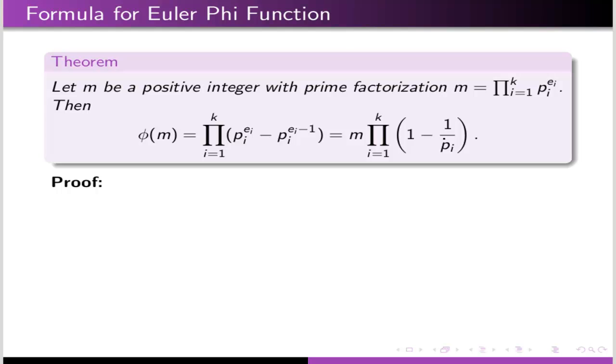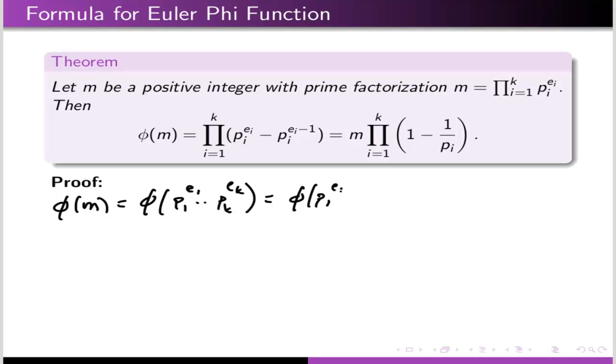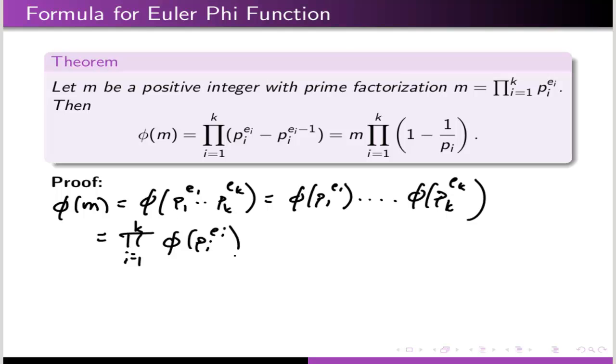And again, the proof is straightforward. By the multiplicative property of the Euler phi function, this is phi of the product like this. And so that would be phi of p1 to the e1 times phi of pk to the ek, or in other words, the product i goes from 1 to k of phi of p_i to the e_i. And then we just evaluated that product on the previous slide. So that's p_i to the e_i minus p_i to the e_i minus 1.